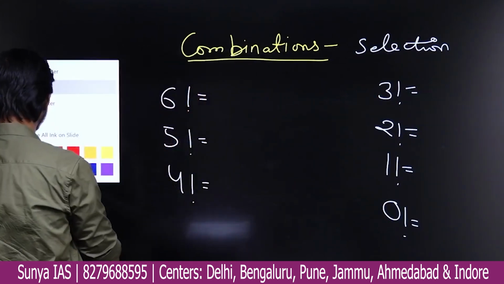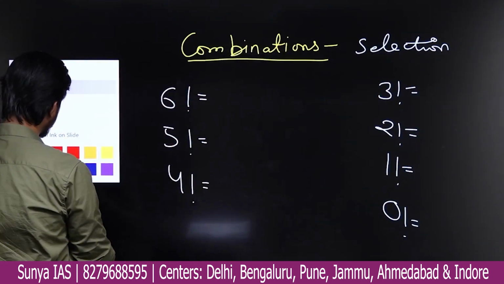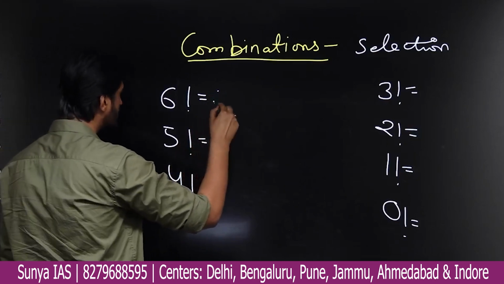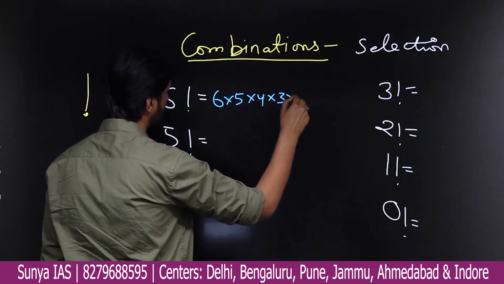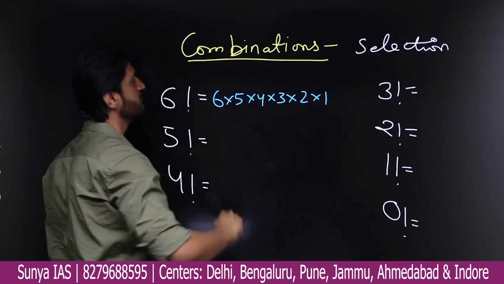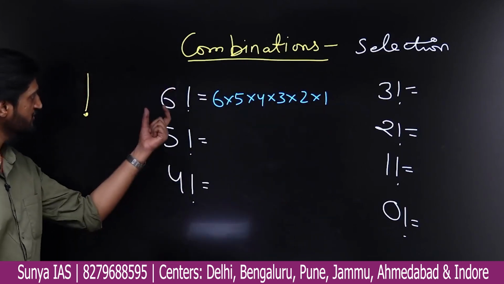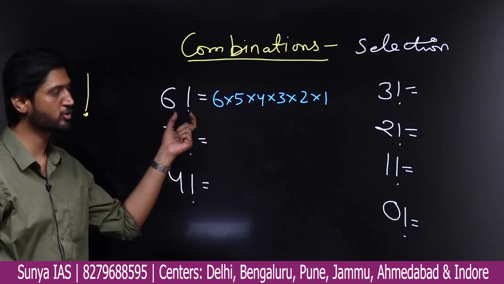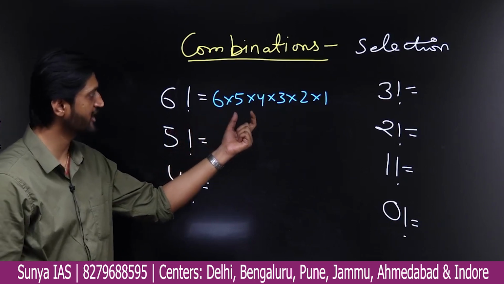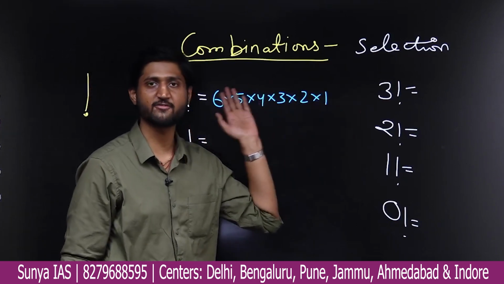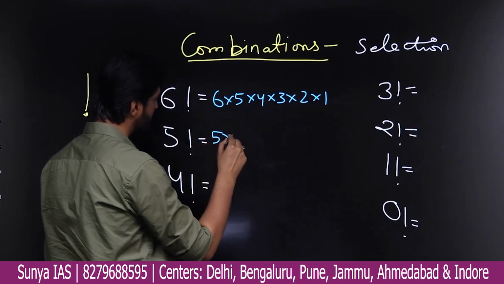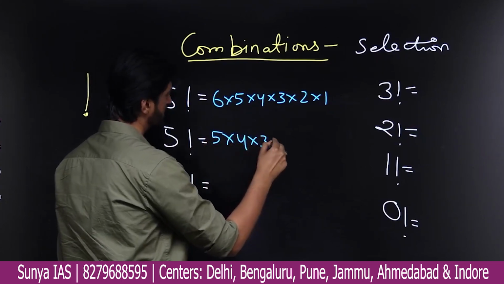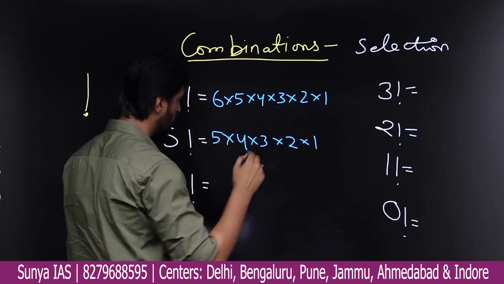If we are talking about 6 factorial, that will be simply 6 into 5 into 4 into 3 into 2 into 1. Okay. So if there is a number 6 followed by the factorial sign, you just write all the natural numbers down to 1, all of them in multiplication. Here we have 5 factorial, that will be simply 5 into 4 into 3 into 2 into 1.